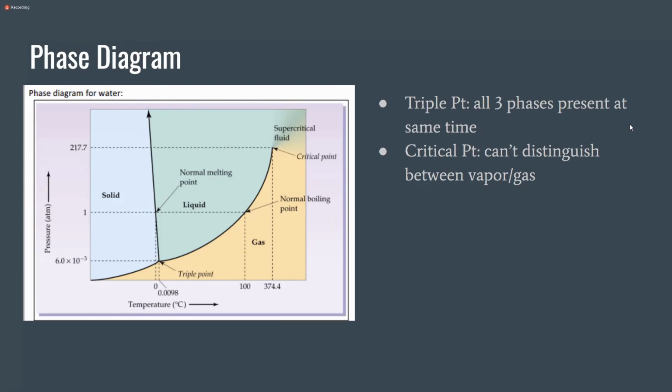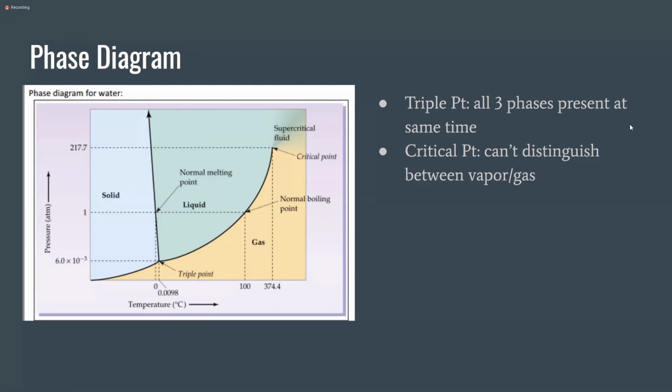And the way I can tell that just by looking at the curve between the solid and liquid phases is the fact that the curve goes like this. It's a negative slope. And what that means is that the density of the solid is less than the density of the liquid. If they had the same densities, then this would look like a straight line.